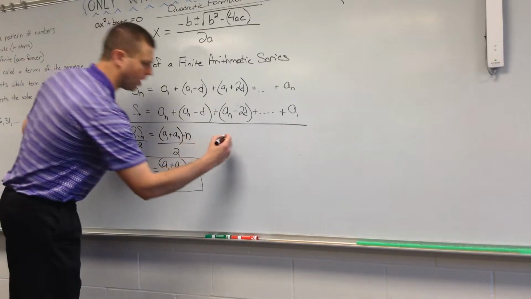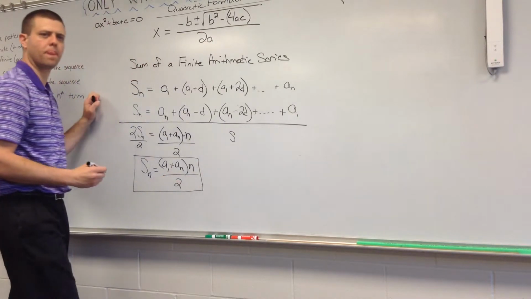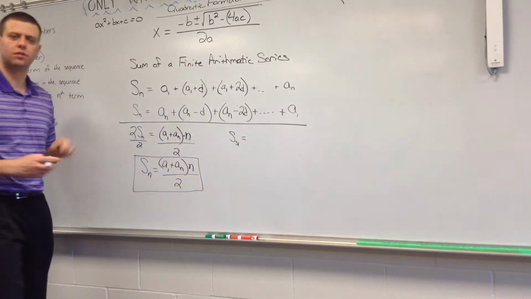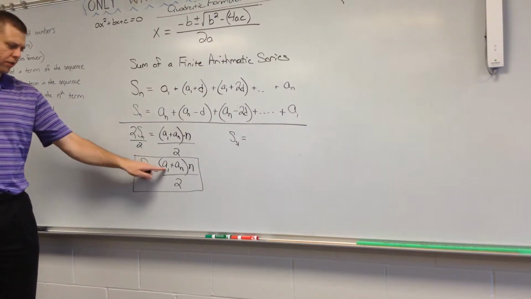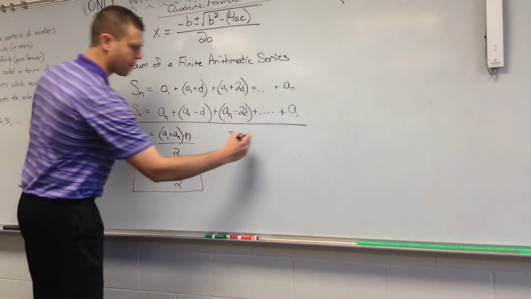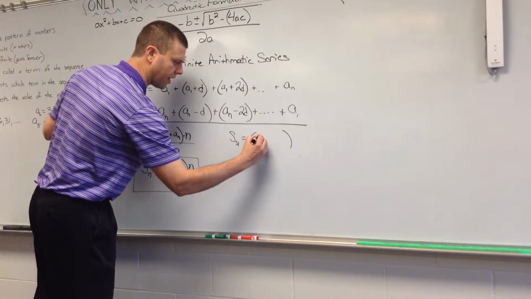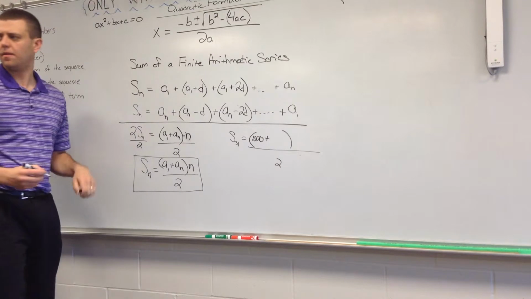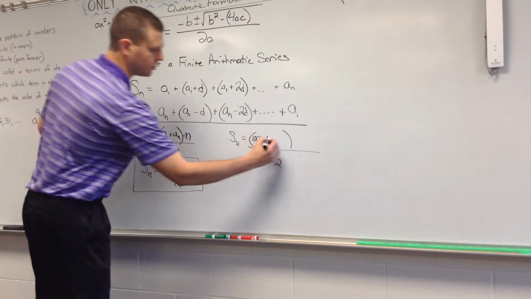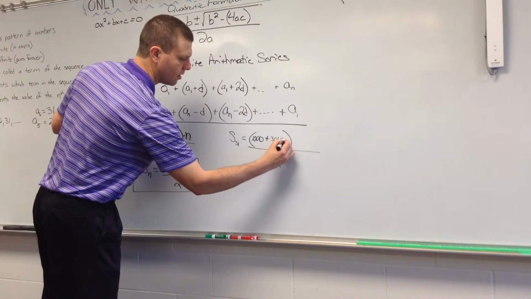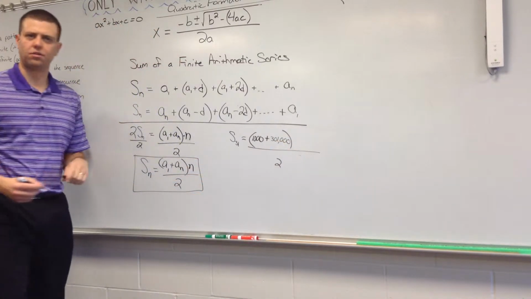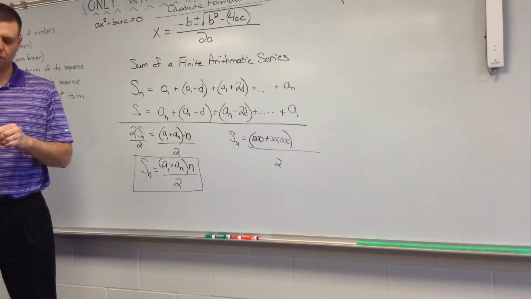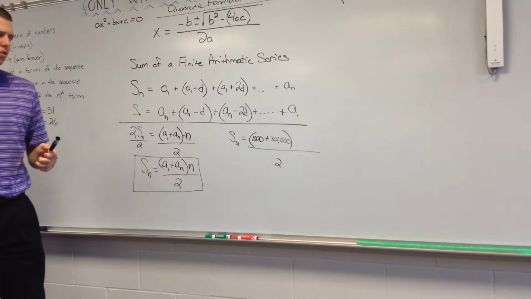So for our example, how many terms were there? 31. So the sum of the 31 terms will equal the first term plus the last term. So the first term was 1,000. What was the last term? 301,000. Now, in order to have figured that out, you either had to keep adding 1,000 over and over again, or just use what?